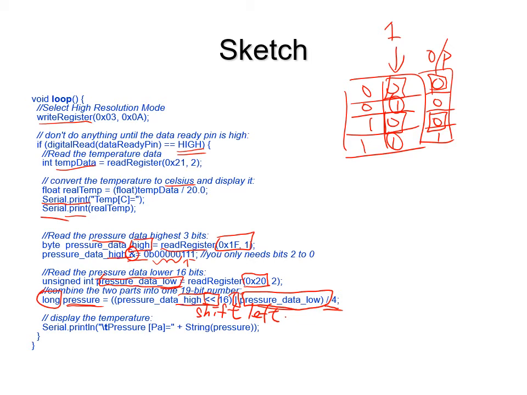Therefore, altogether you have 19 bits of data, and the resulting data will be divided by 4 in order to get the correct parser data. So at the end, after you compute the parser data, you output it on the serial monitor.